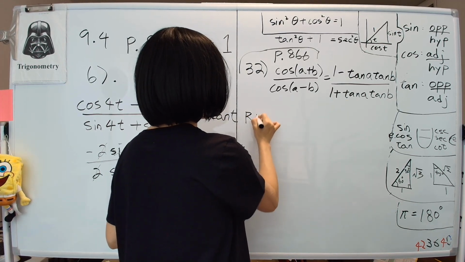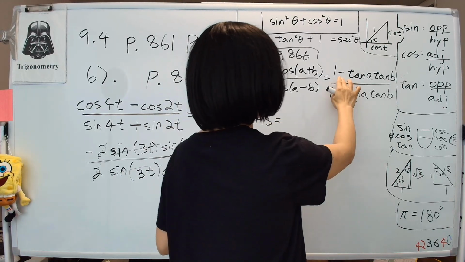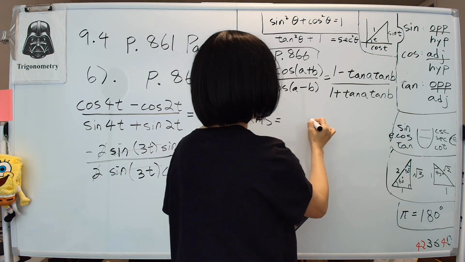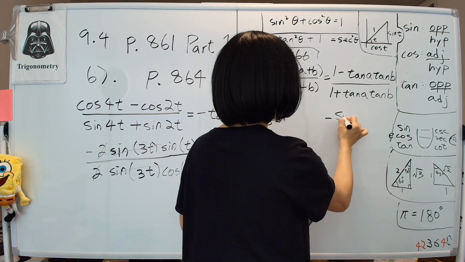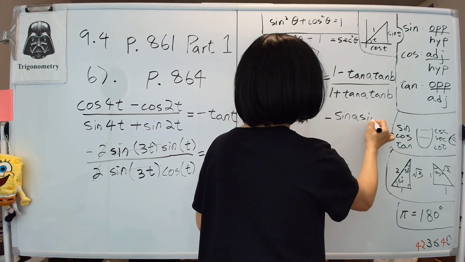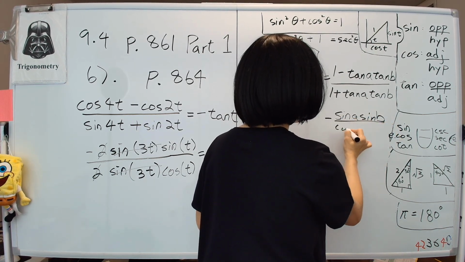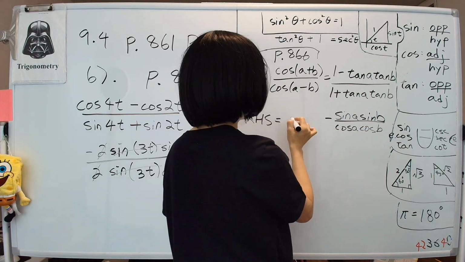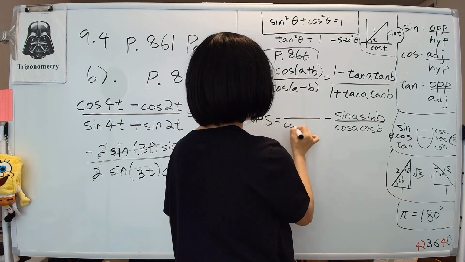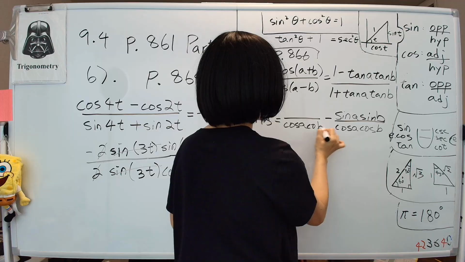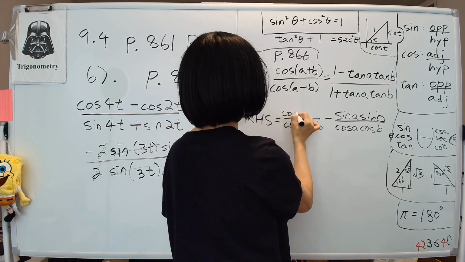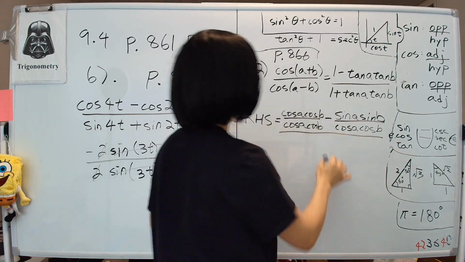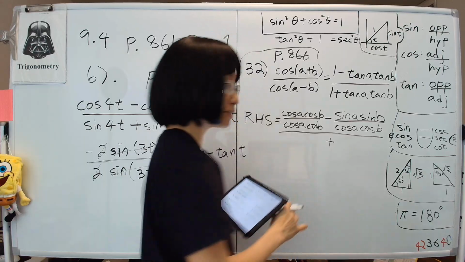So the right-hand side is going to be equal to 1 minus tangent A tangent B. We'll write that as sine A sine B over cosine A cosine B, and then the 1 will also be written as cosine A cosine B over cosine A cosine B. And then the bottom is the same thing, except the sign becomes a plus. Everything else is exactly the same.